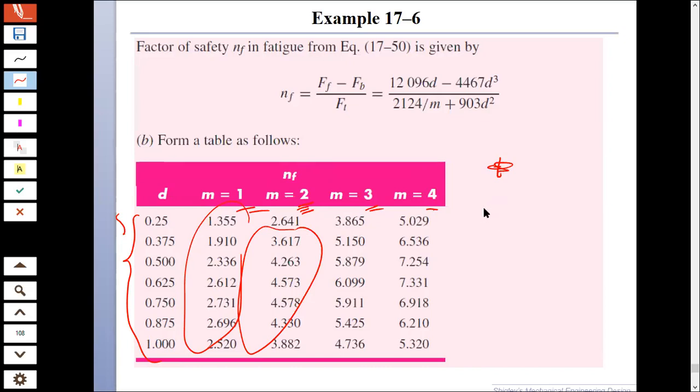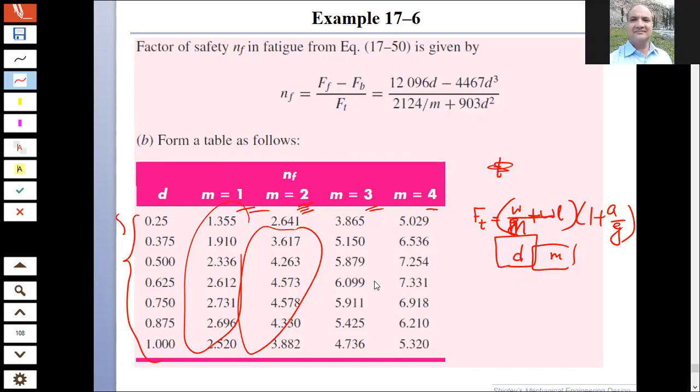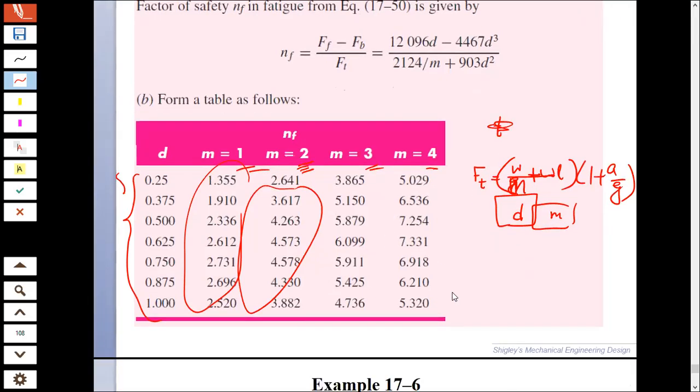He says to develop an equation, so we developed an equation and we already wrote that equation: W over M, plus WL times 1 plus A over G. You are just using this equation, but since we do not have D yet, we put D in, and we don't have M yet, the number of ropes, so we put that into those equations later and just calculate it. That's it, nothing else.